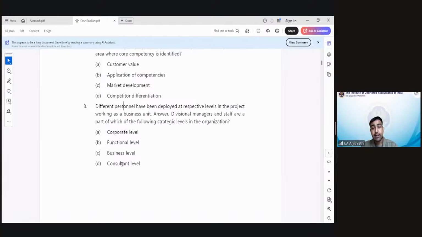Question 3. Different personnel have been deployed at different levels in the project working as a business unit. ये बात हो रही थी केस में. Divisional managers and staff are part of which of the following strategic levels in the organization?